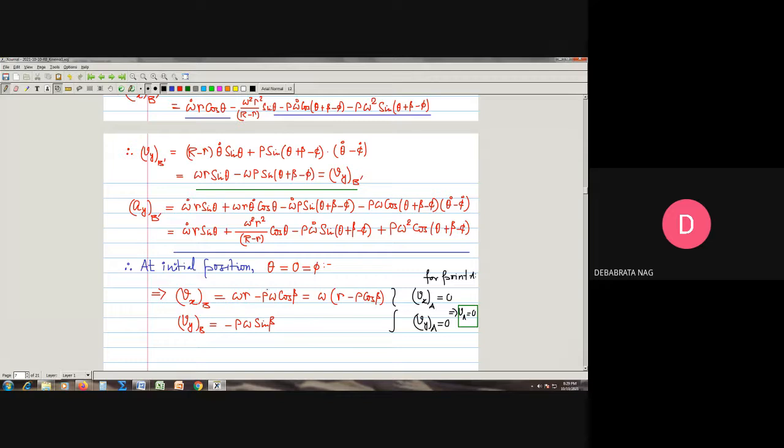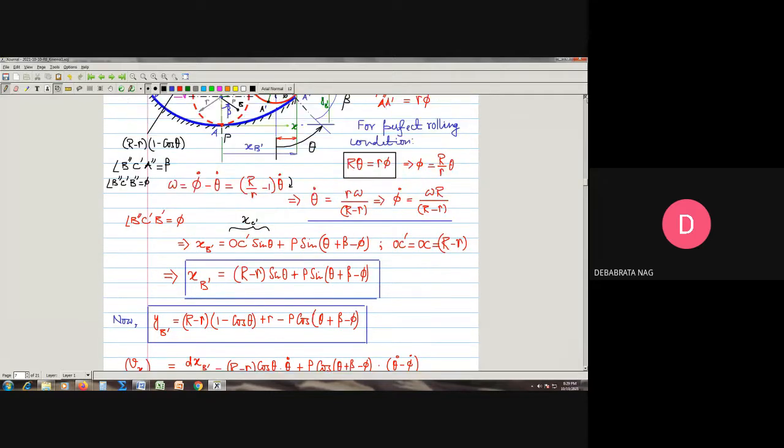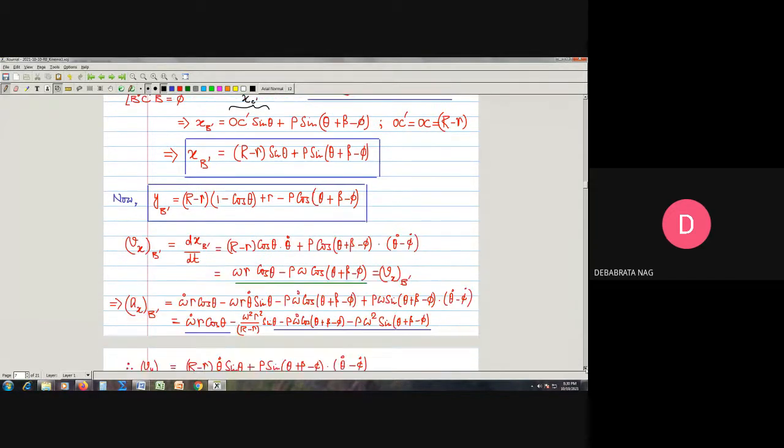We notice from here that at this initial configuration, in order to get the point A from point B, you need to make double substitution. That means rho equal to r and beta equal to 0. That's how you will come from the point B to the point A. Correct? So what we need to do now is something like this.